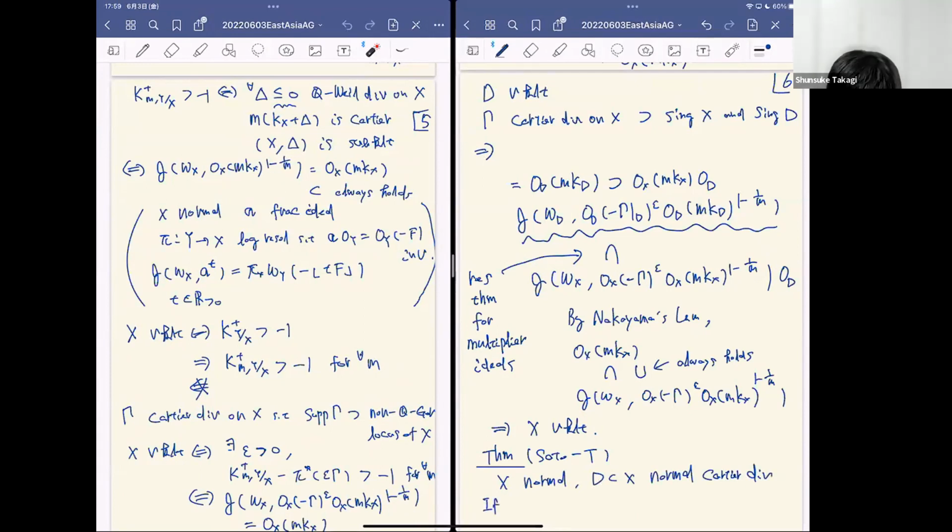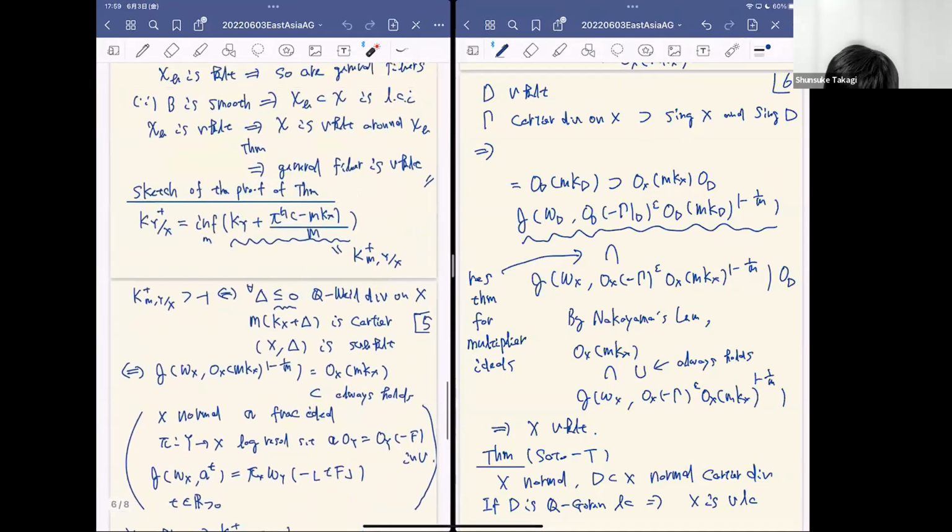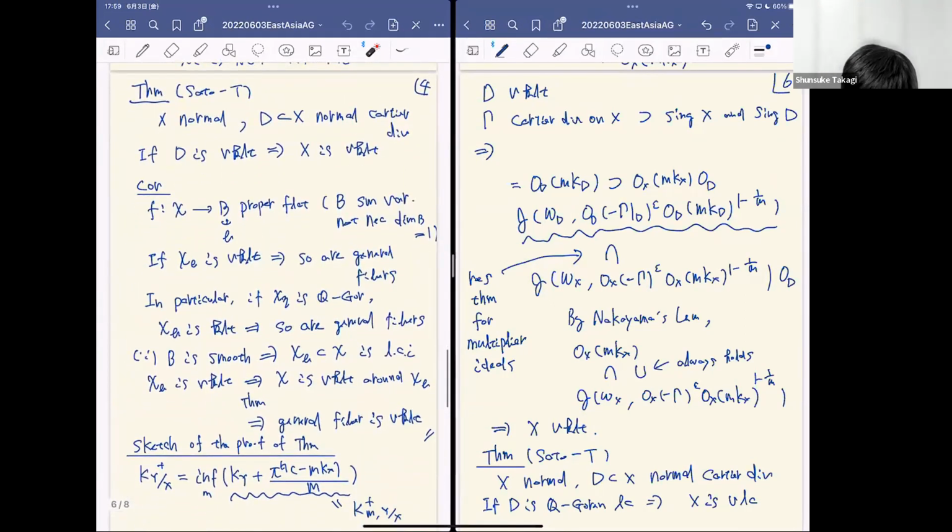If D is Q-Gorenstein log canonical, then X is variatively log canonical. In the KLT case, we proved if D is variative KLT, then X is variative KLT. But in the log canonical case, we need to assume D is Q-Gorenstein.